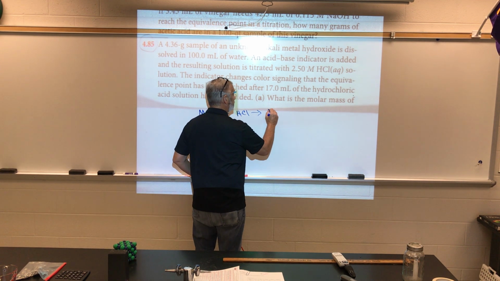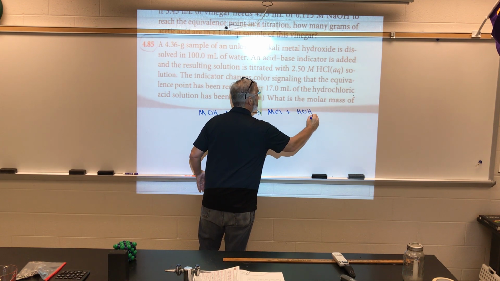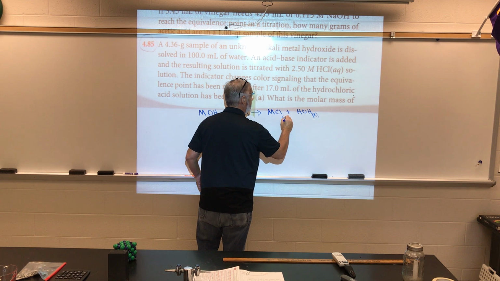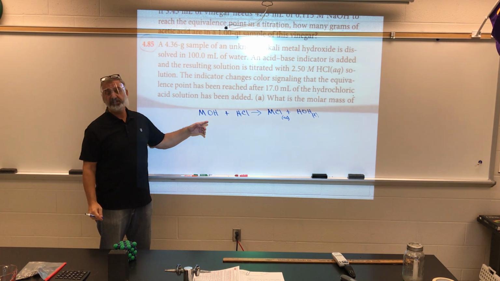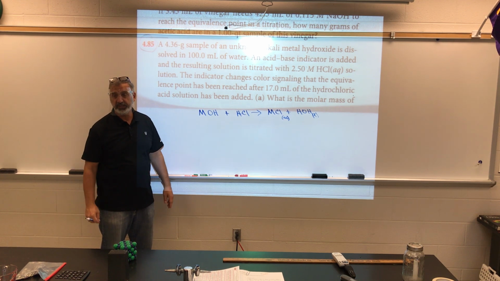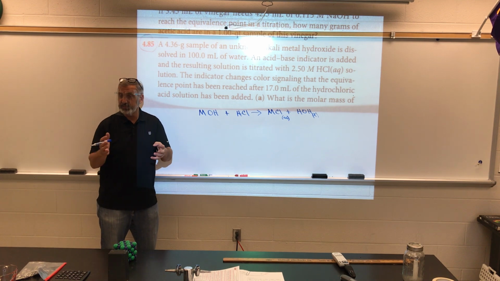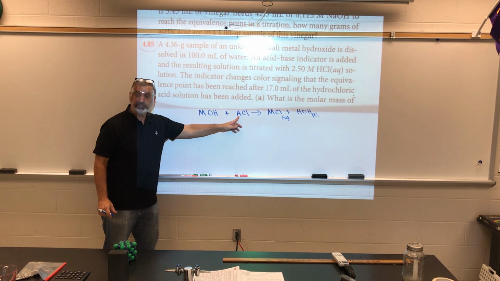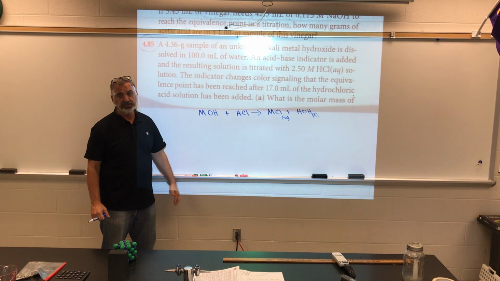I like to write it as HOH, just because it's the H plus and the OH minus combined. It's the exact same thing as H2O, so whichever one floats your boat the most, you can do it either way. I just think in an acid base, writing it as HOH makes more sense, that it's the H plus from the acid combining with the OH minus from the base to make HOH.